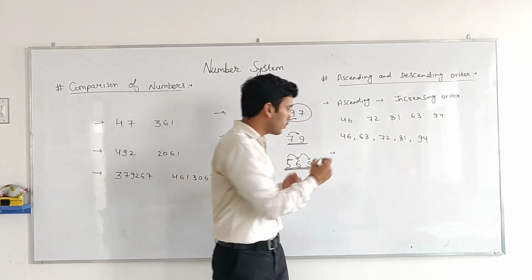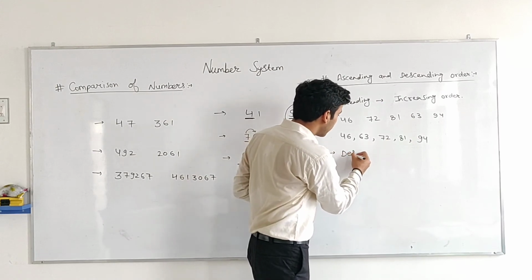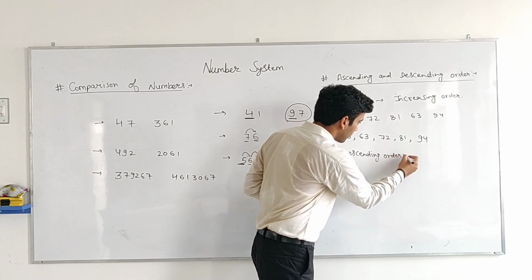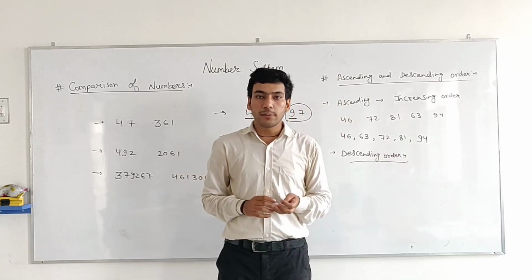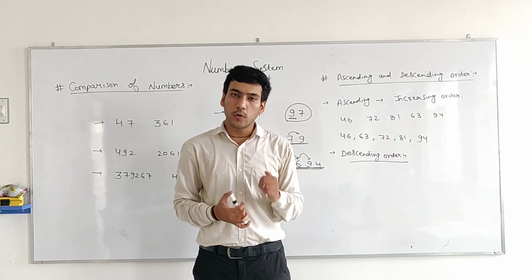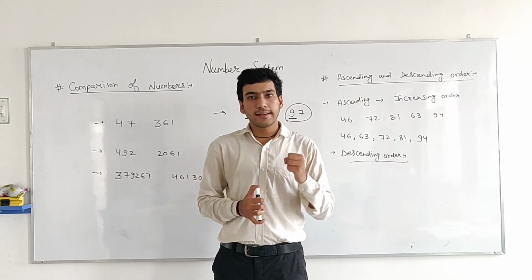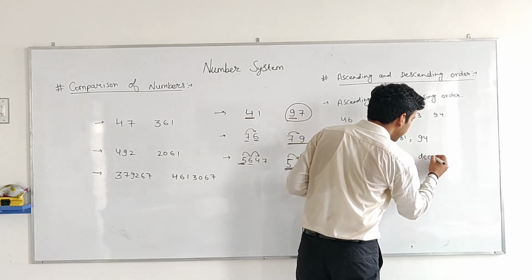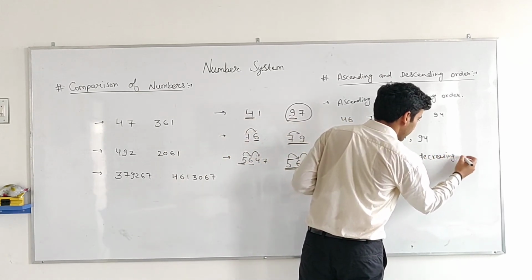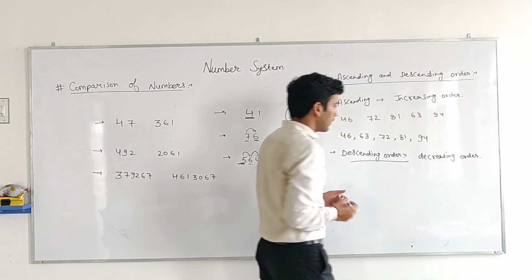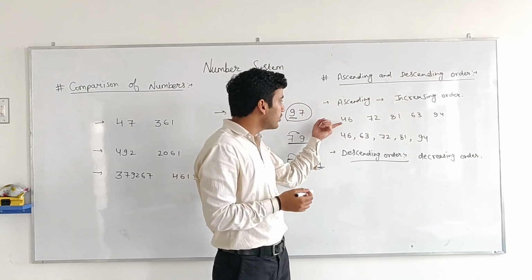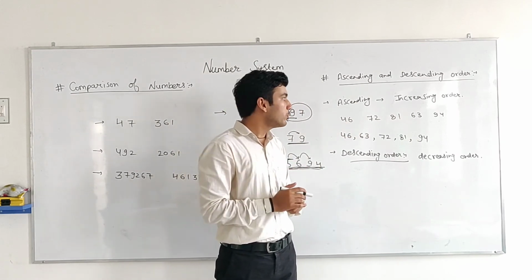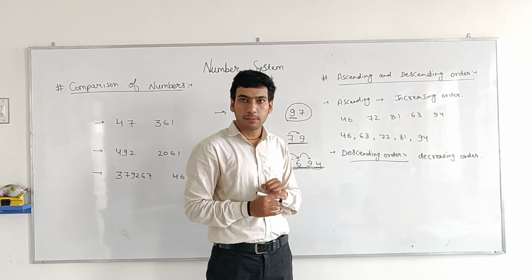Next, descending order. What is the meaning of descending order? Descending order means decreasing order, or we can say starting from the greatest number to the lowest number. If I want to arrange these numbers in their decreasing order, what do I have to do? I have to start from the greatest number.